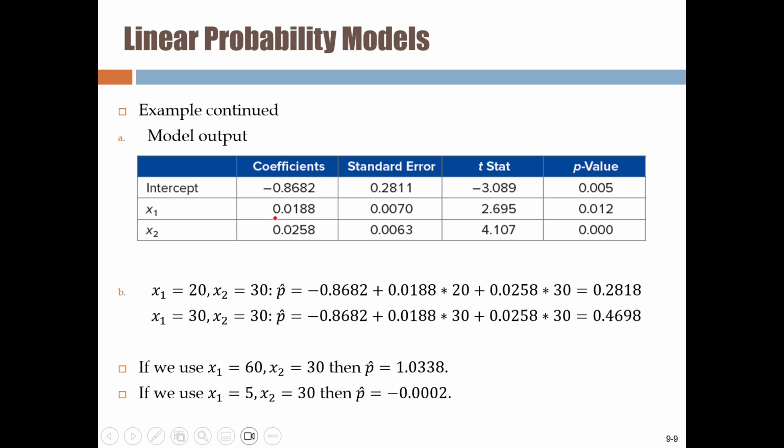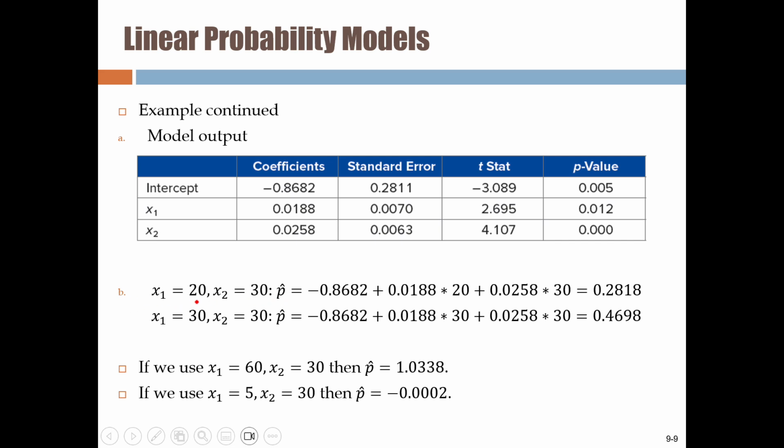The intercept is minus 0.8 something, and x1 is 0.0-something. These are all the coefficients, so we can create the model, right? P equals minus 0.8682 and so on.